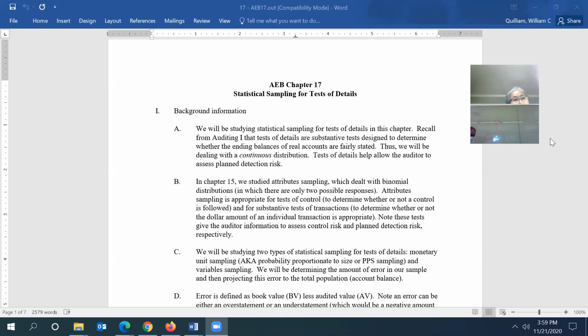With that ending balance, the big accounts receivable control account in the general ledger is made up of individual customer accounts, so we plan to confirm those customer accounts as a primary test of detail when it comes to accounts receivable. So we'll confirm those individual accounts receivable, or at least a sample of them. It may be too much to confirm them all, but at least we will confirm a sample.